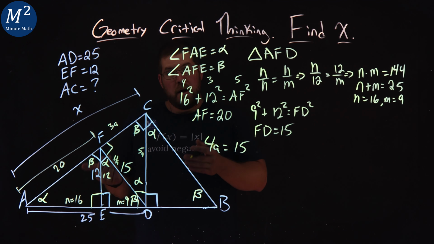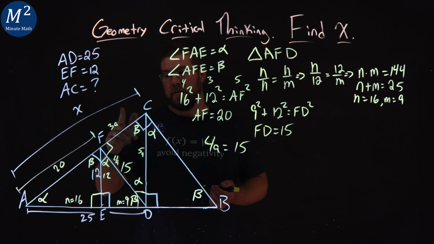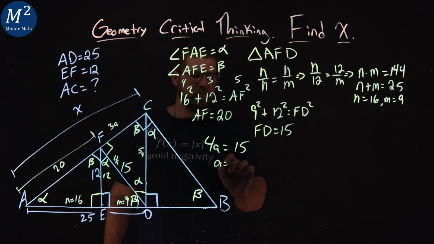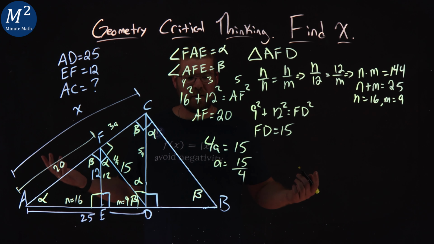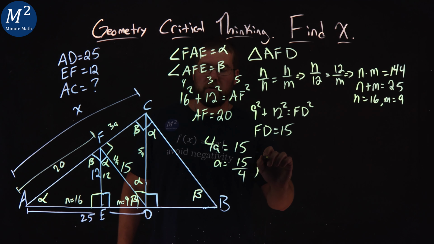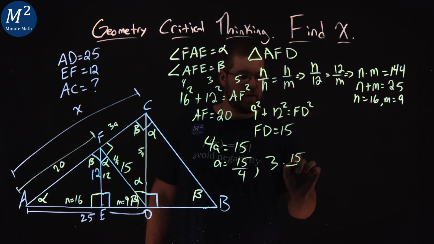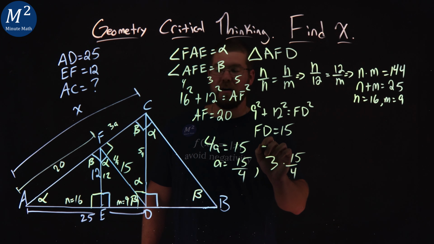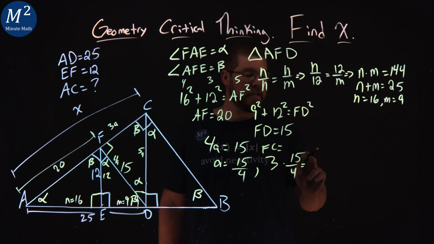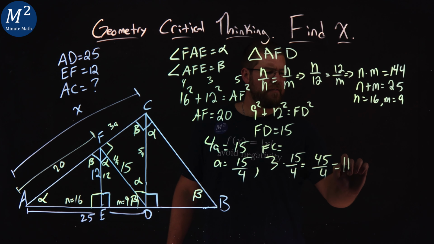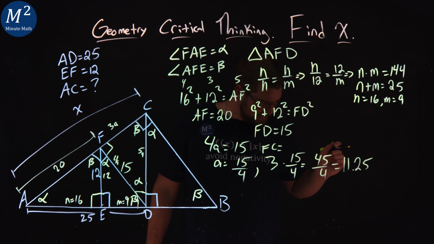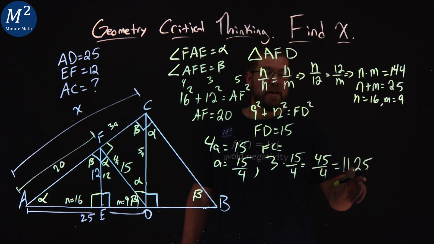So if we figure out what a is, we can apply it then to multiply by 3 and get that length. So a is equal to 15 over 4. Not too bad, divide both sides by 4. So 3 times 15 over 4 gives me that length of FC right there, which is equal to 3 times 15, 45 over 4, which is equal to 11.25. If I remember correctly, 11.25. That's the length of FC.